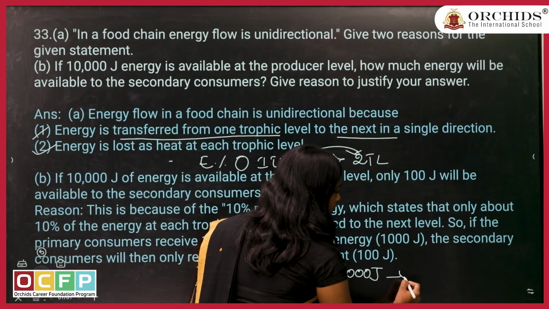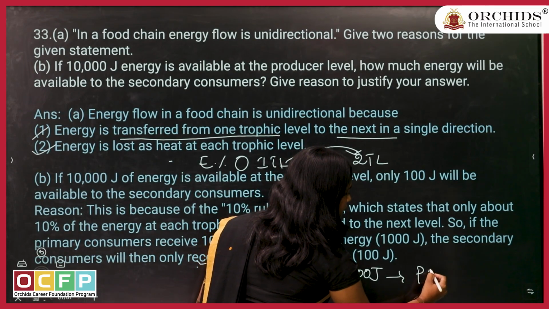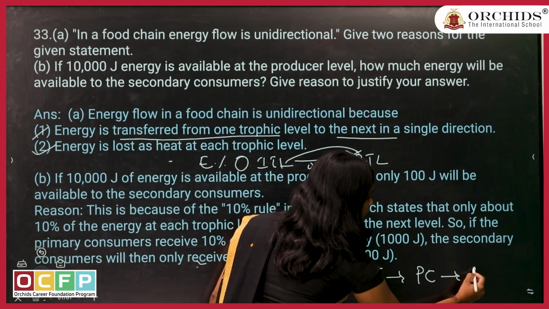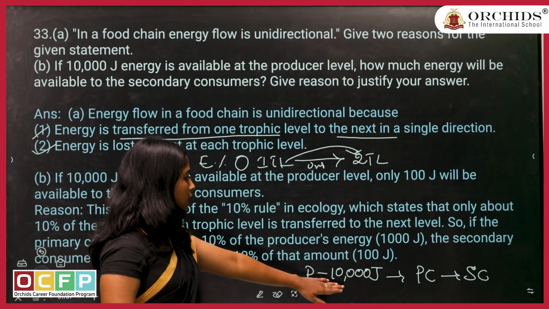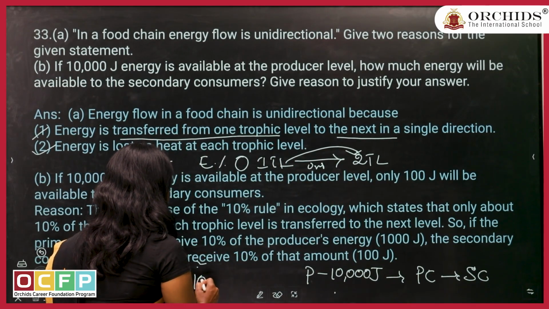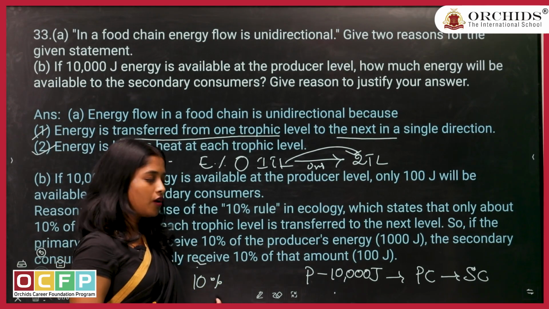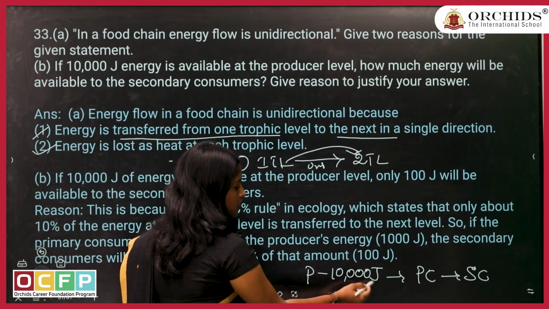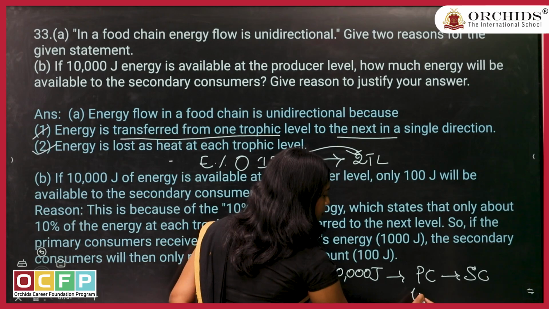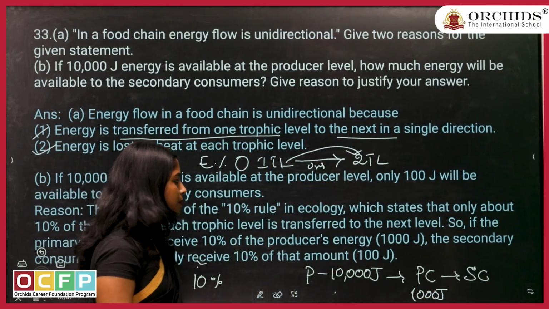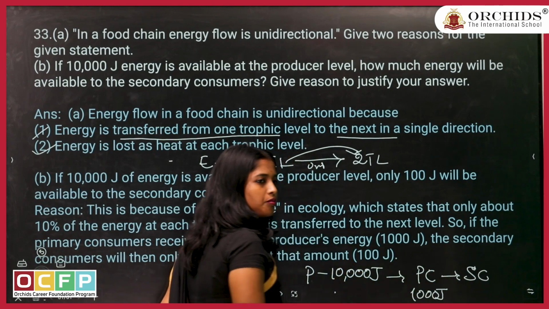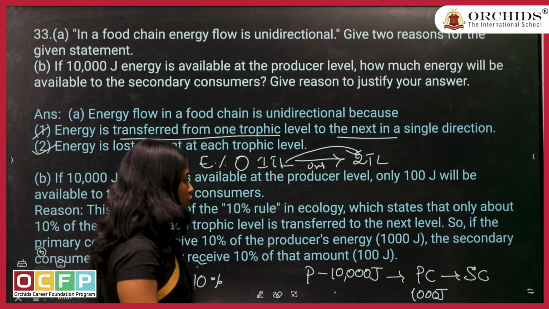They are asking not the primary consumer, we have to find it for secondary consumers. So 10,000, we know the 10% law. According to this, 10% of 10,000 is 1000 joules for the primary consumer. From this it goes 10% to the secondary consumer.